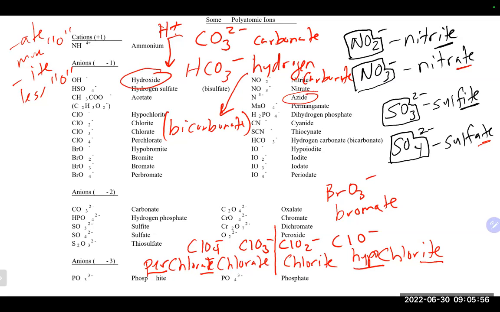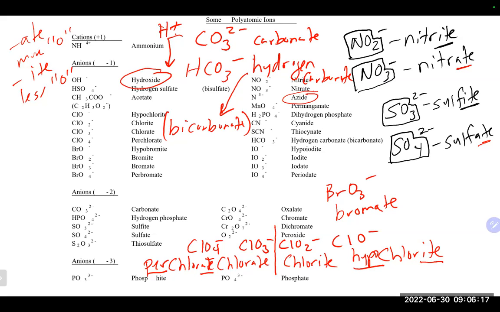There are a few polyatomic ions that end in ide, but for the most part, ide is usually just a non-metal by itself on the periodic table. But definitely ate and ide you see a lot with our polyatomic ions. Any questions on that there?